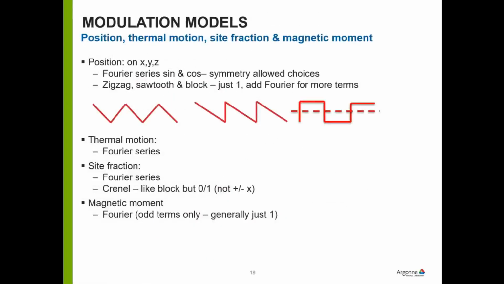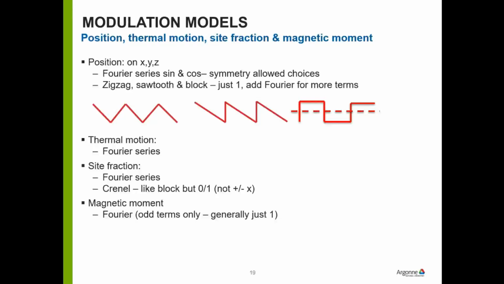The model for the modulation itself is a Fourier series. That's the absolutely logical thing to choose. Simple oscillations. And there may be more than one of them superposed on each other, and they have orders, so it's either full or half, quarter, or whatever. But there's also a possibility of having other things like zigzags, sawtooths, and so-called block waves, square waves, because that's sometimes what happens with the atoms.